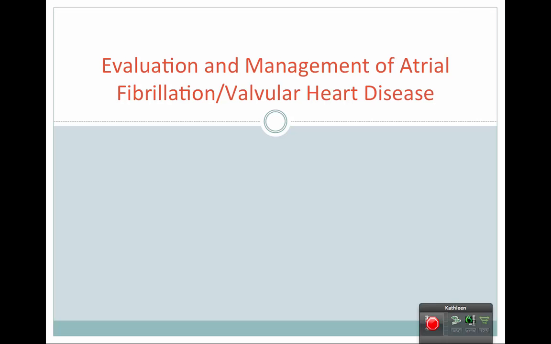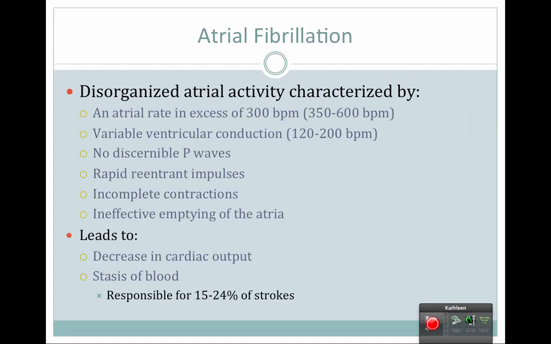Today's lecture is going to be on the evaluation and management of atrial fibrillation and valvular heart disease. I'm going to talk briefly to you about atrial fibrillation, the definition of it.